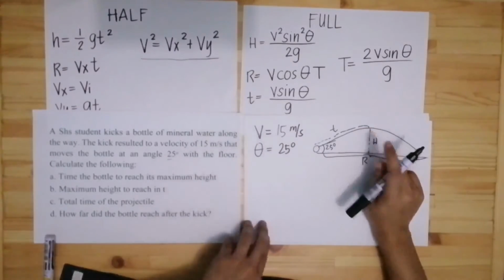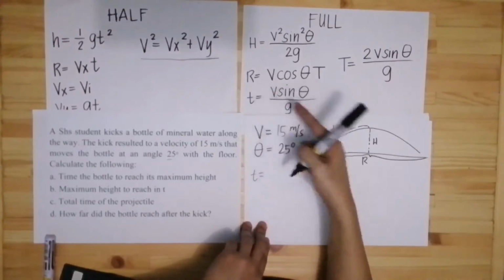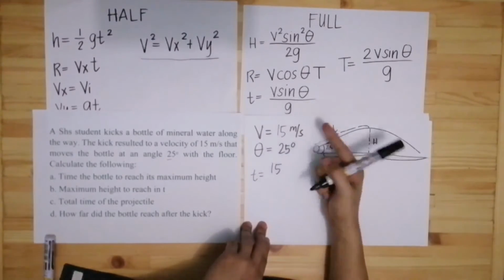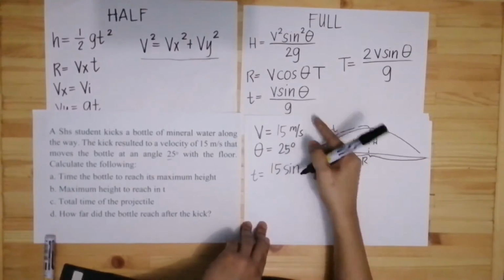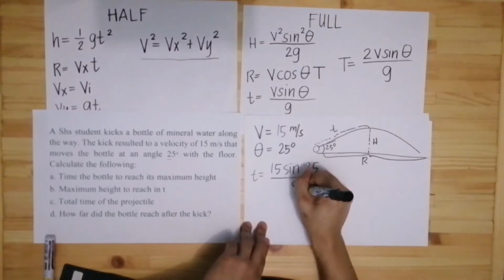Itong small letter t. So, gamit tayo ng small letter t equals v. Yung v natin ay 15. Then, sine theta, 25, divided by the g.